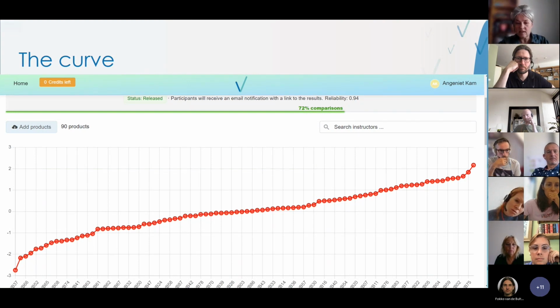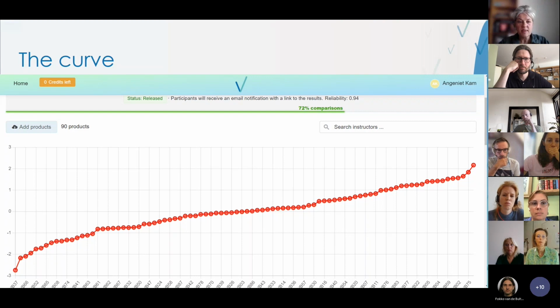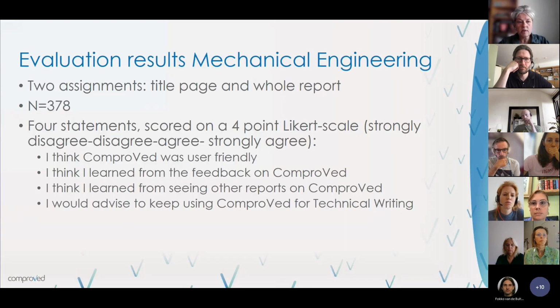So here you see the names of the groups. I think that's not a problem to show because you just don't know who's in those groups. And you can see that there were 90 groups who submitted the front page of the report. And then every individual student had to score a number of those title pages to see which ones they thought was best. So that is a bit of what it looked like.